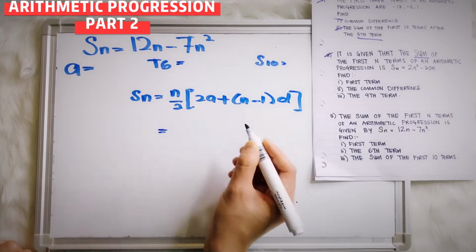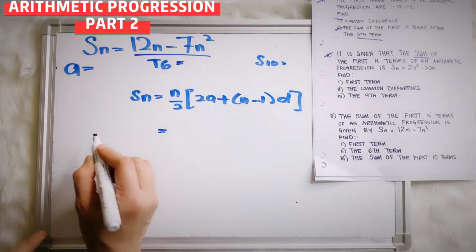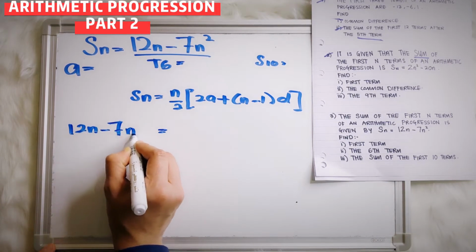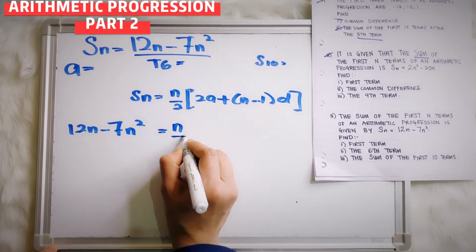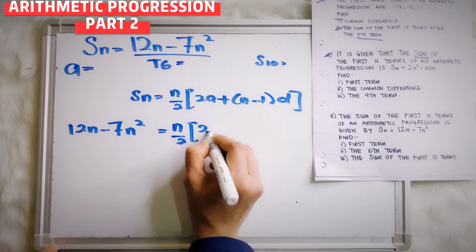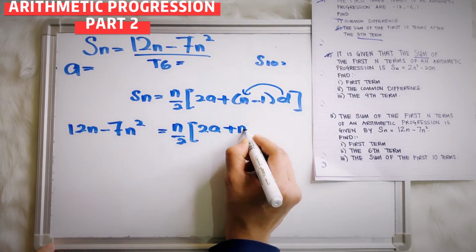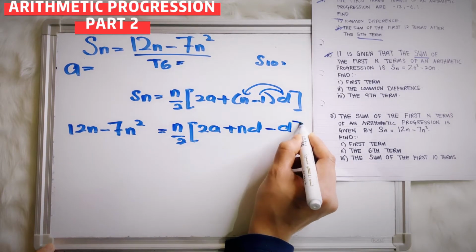Now the Sn here, I put this one, 12n minus 7n square. So n over 2, 2a, we have to expand here. We have nd minus d.